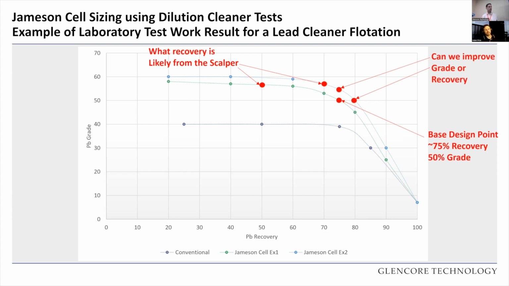We then look to see if we can potentially improve overall numbers again. Same scenario: can we produce a better concentrate or more recovery at the target concentrate grade. And once again, the three-stage dilution cleaner test may just confirm that it achieves what the design targets were, based on maybe conventional mechanical cell tests.